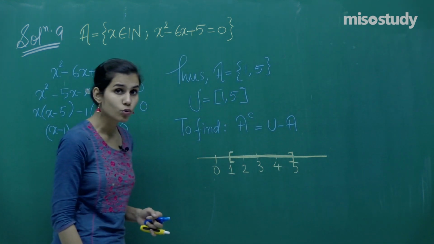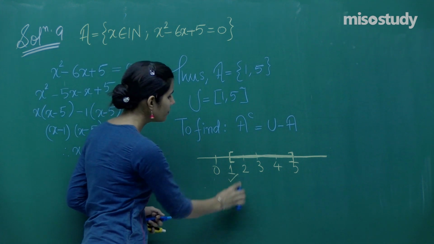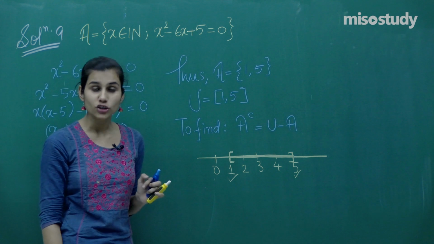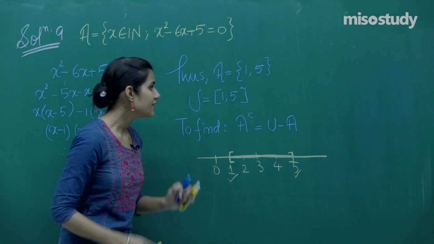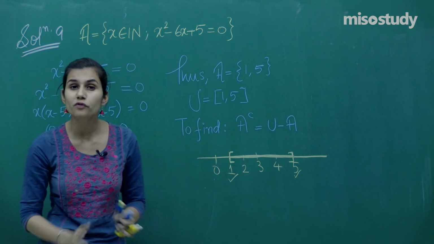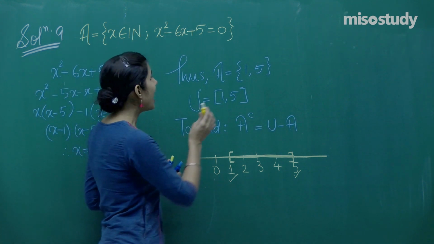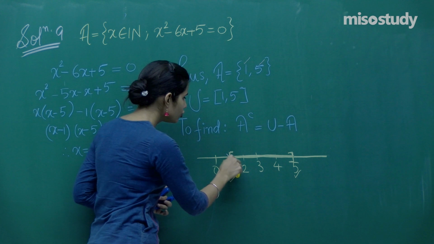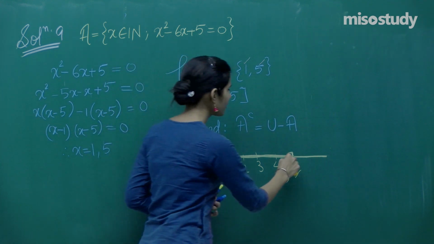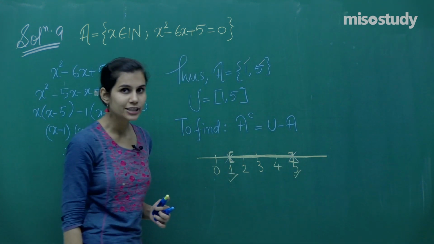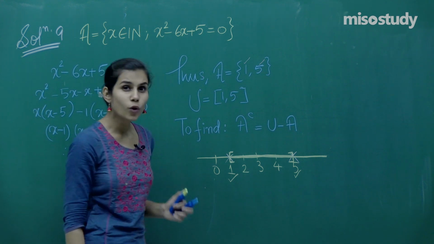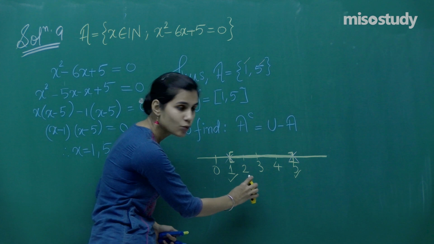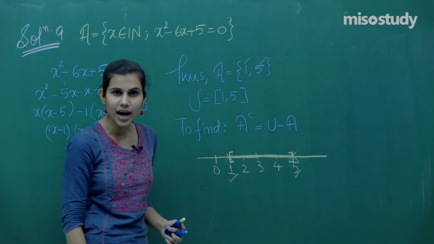This is my U. I am taking 1 also, I am taking 5 also, and all the numbers in between also. From the universal set, if I remove A, that means I will have to remove 1 and 5. That means just remove 1 and remove the endpoint 5. What you are going to get is all the numbers strictly greater than 1 and strictly less than 5.